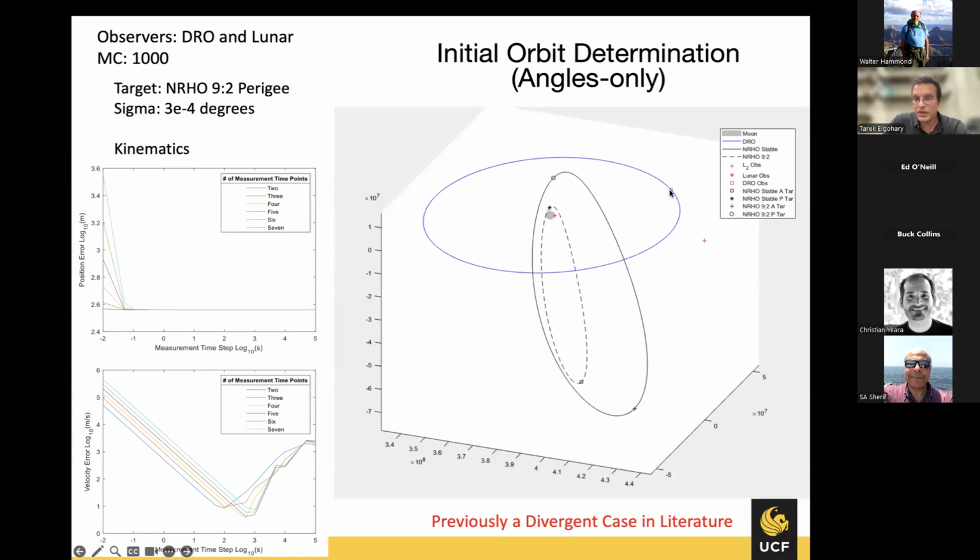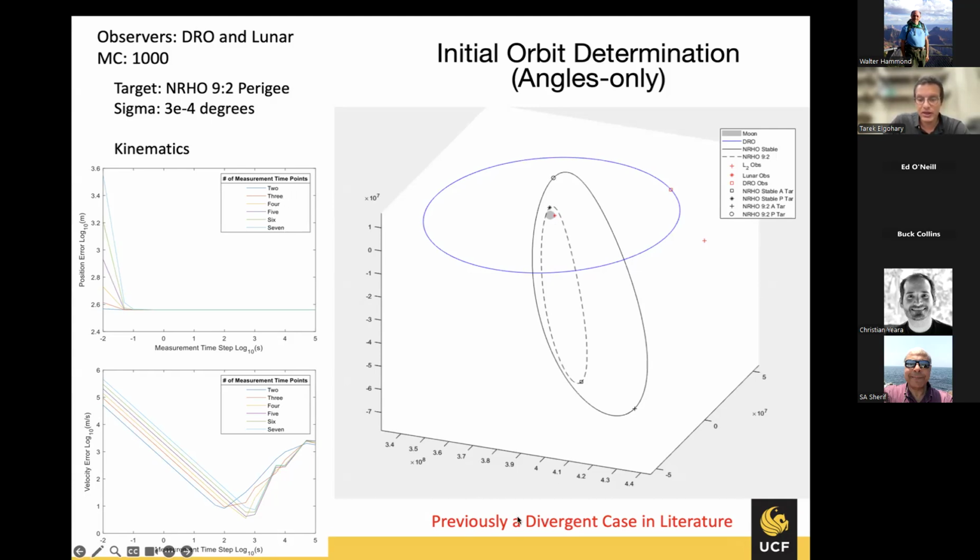We have an observer here in the DRO orbit, and an observer on the surface of the moon, and we are looking at a 9-2 NRHO, a near rectilinear halo orbit target.